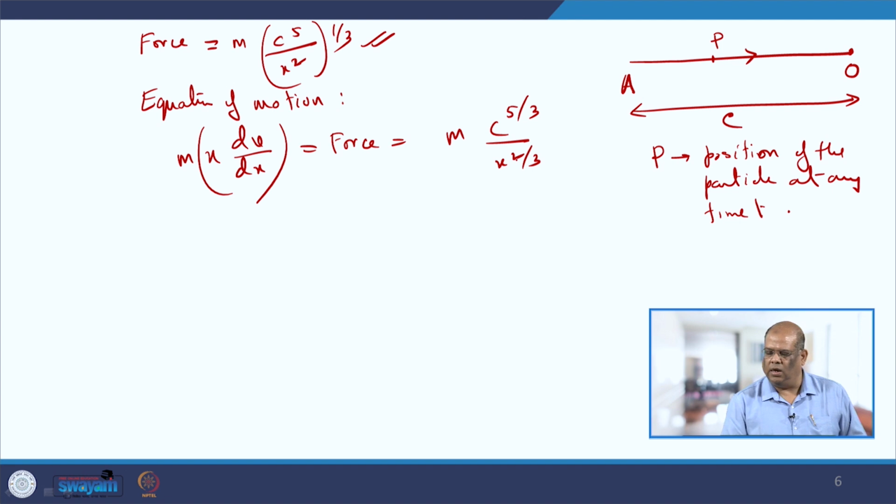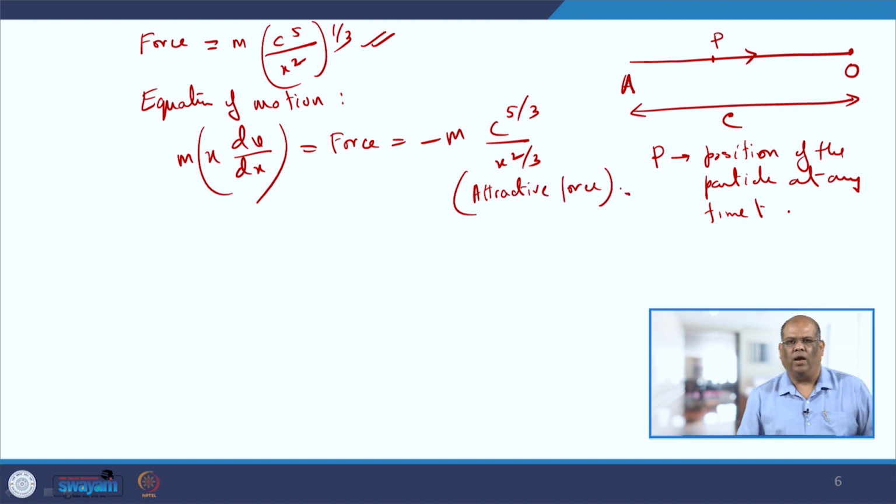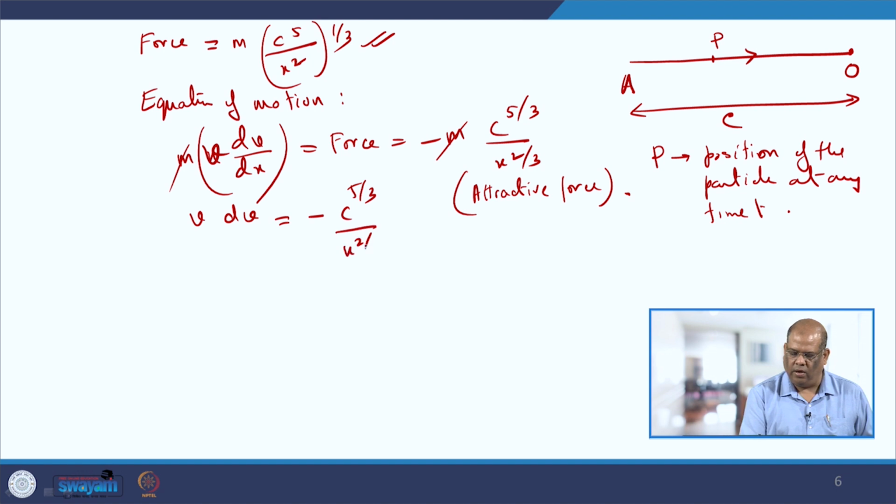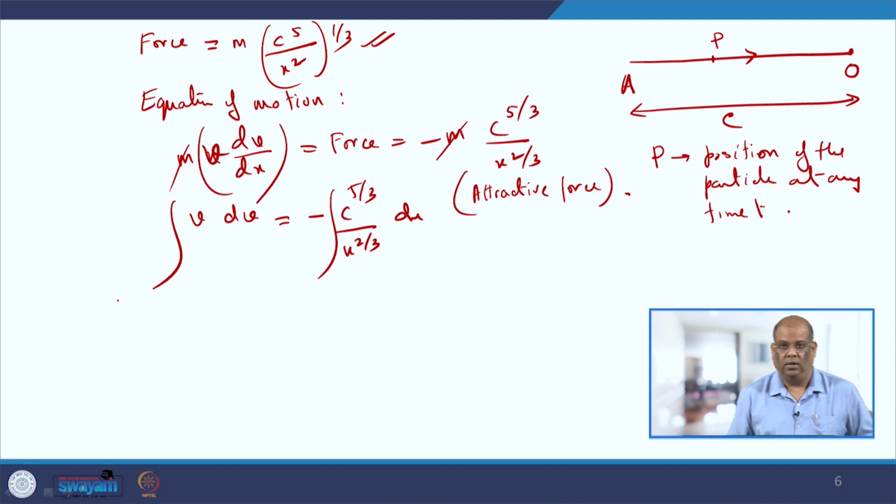And since it is an attractive force, we just put a negative sign. And we get our equation of motion. Your m will cancel, and you get v dv is equal to minus c to the power 5 by 3 x to the power minus 2/3 dx, and you integrate both sides.